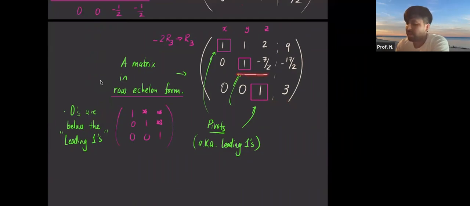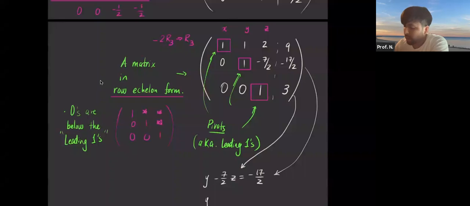What does it say? It says y minus 7/2 z equals negative 17 over 2. I already know z is 3, so y minus 7/2 times 3 equals negative 17 over 2.